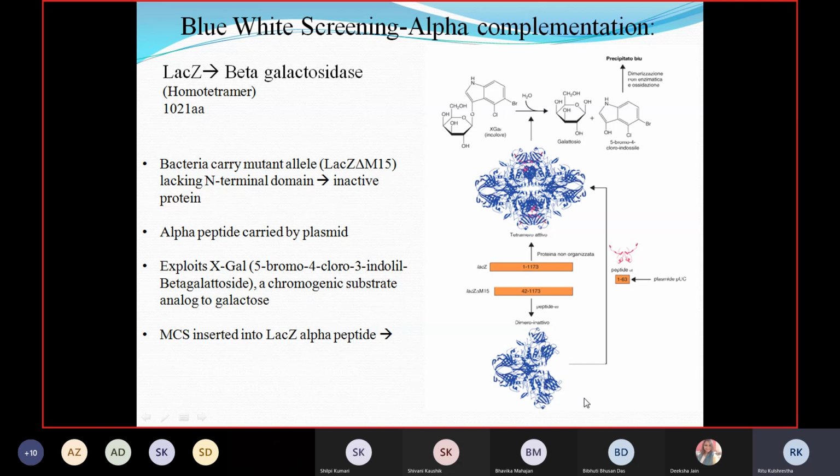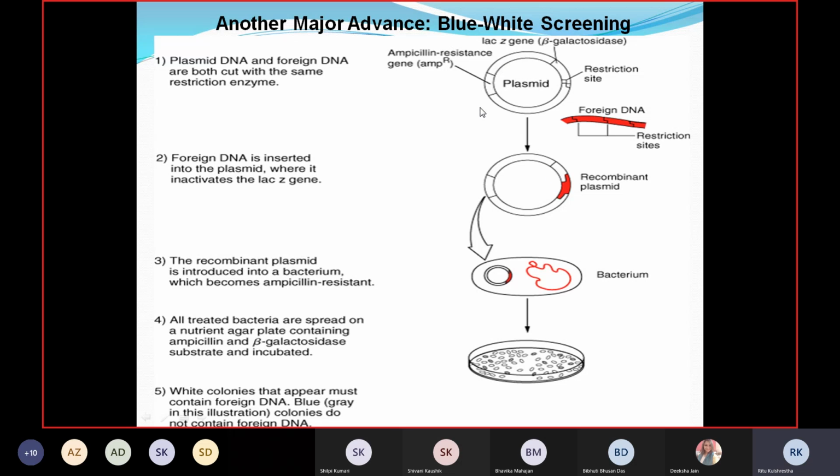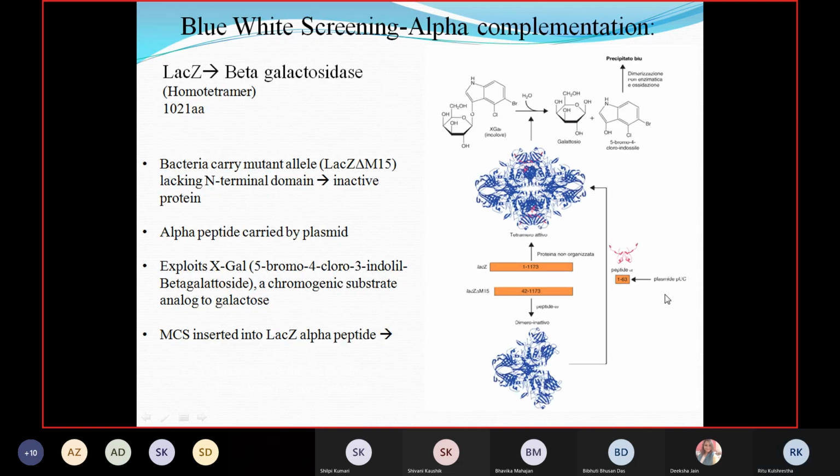Okay. So this is a basic observation of how beta-galactosidase works, and now look at its application. What they did was that in the plasmid, they cloned this alpha region. You remember this alpha peptide region? The alpha peptide region is carried in the plasmid, and the bacteria contains the rest of the whole beta-galactosidase, which lacks the N-terminal region.